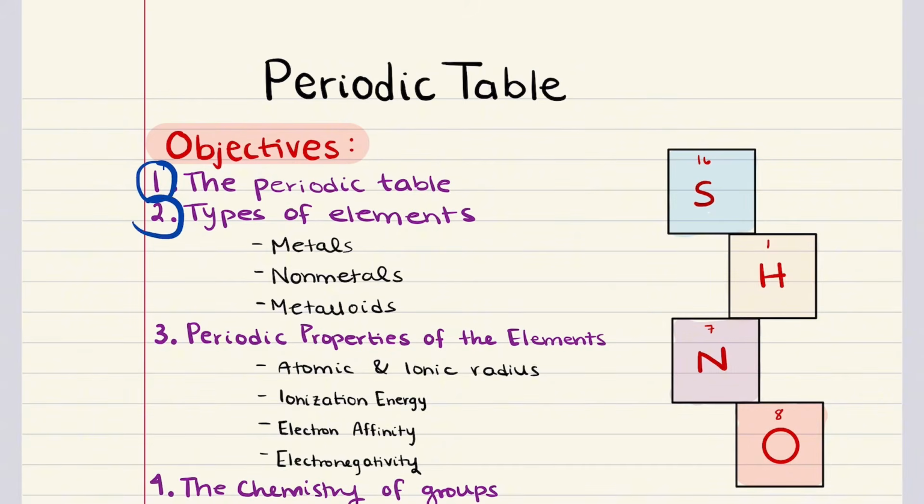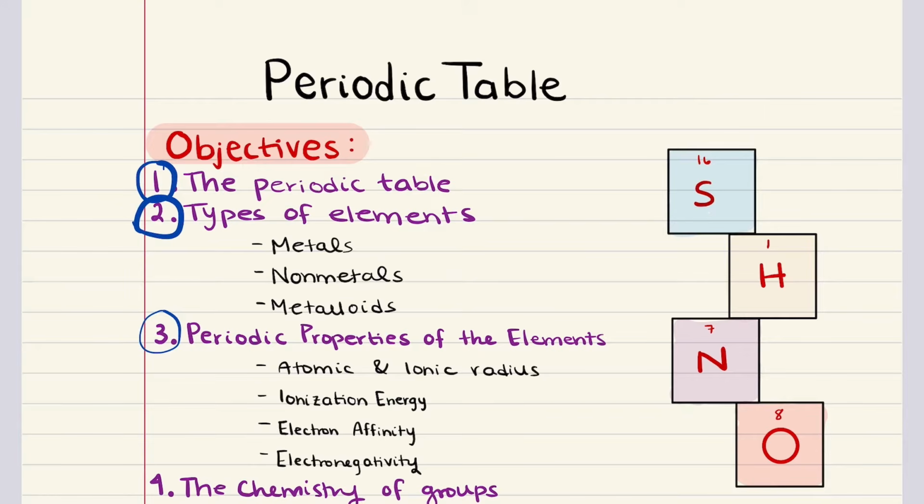In the second objective, we're going to have a description of the different types of elements. We're going to go over metals, nonmetals, and metalloids. Our third objective is titled Periodic Properties of the Elements. Here, we're going to discuss atomic and ionic radius, ionization energy, electron affinity, electronegativity, and effective nuclear charge.